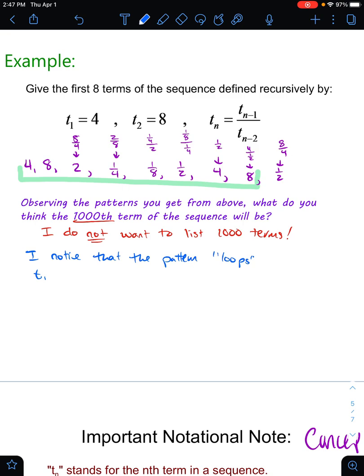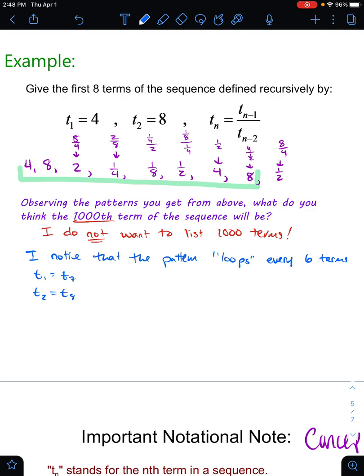So I know that T1 is going to be the same as T7. I notice T2 is the same as T8. So it loops every 6 terms, which is to say that there are 6 numbers and they're going to constantly repeat.